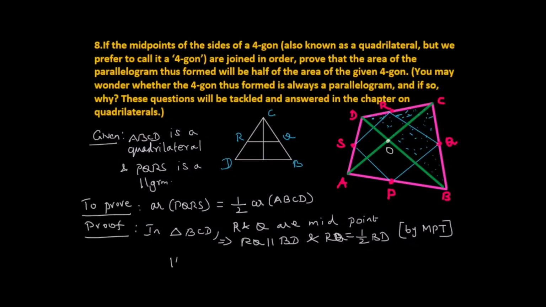Look at the small triangle CRQ, not BDC. The same perpendicular they will have. So the height of triangle RCQ is equal to half of the height of triangle BCD.